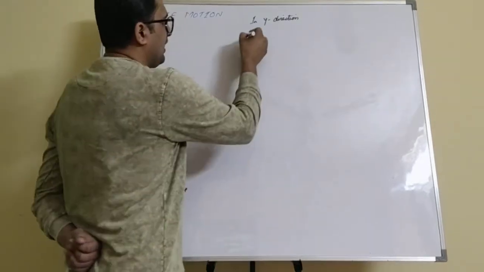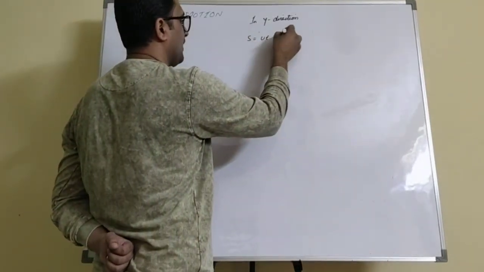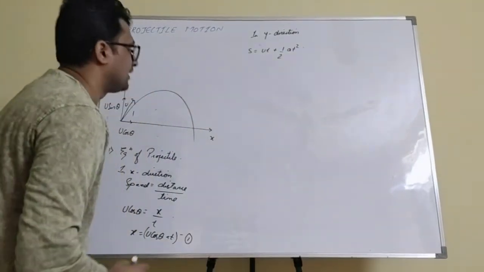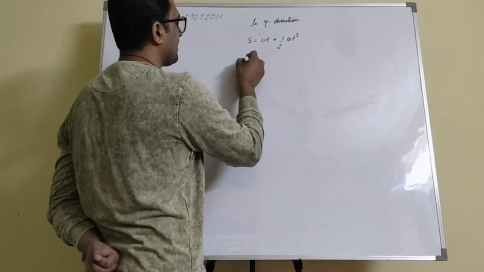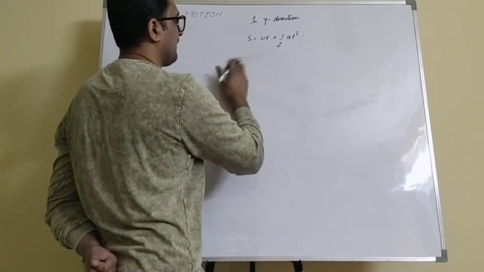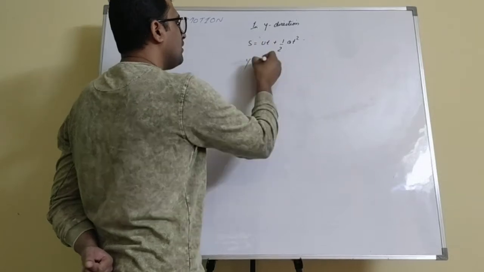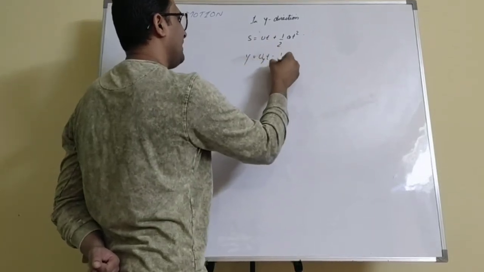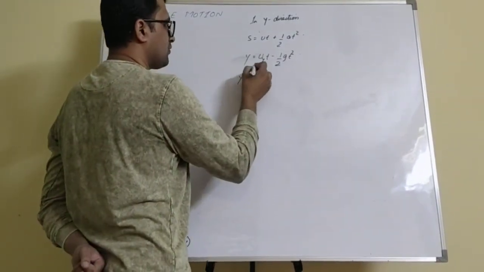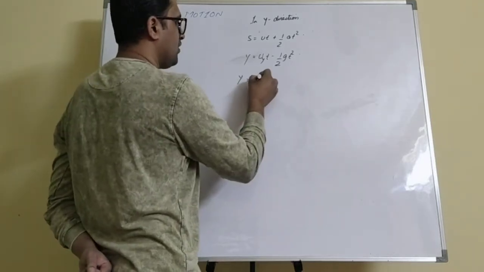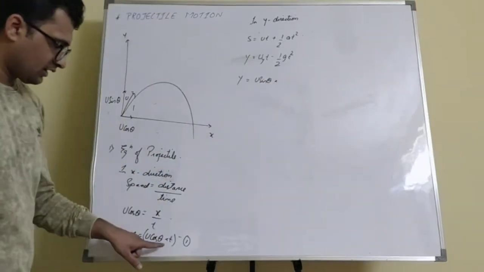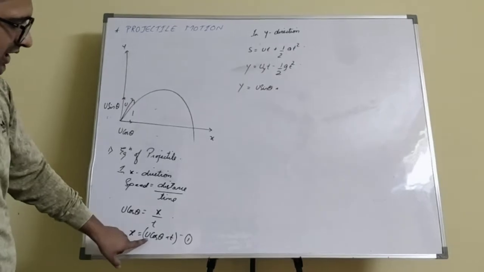Okay. Now, in y direction, I am applying s equals ut plus half at square. Let the previous equation be equation number 1. So here s will be hy, or simply let's write it as y equals uy t minus half g t square. So y equals u sin theta multiplied by t minus half g t square. Now we can substitute from equation 1 that t equals x divided by u cos theta.